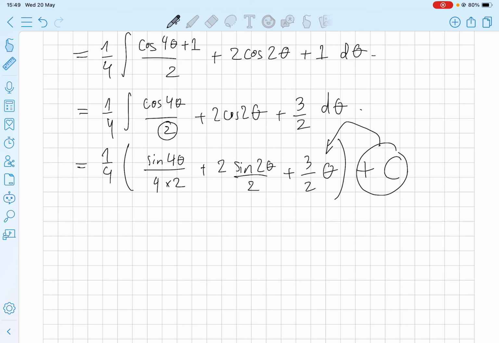It's the same whether it's inside the bracket or moved outside the bracket. Constant can be any number, so it doesn't matter where we place it.